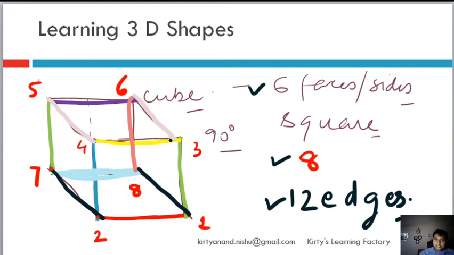So here this is a square, this is a square. In the case of a cuboid, the length, the breadth and the height will be different. This is the length, this is the height, and this is the breadth.